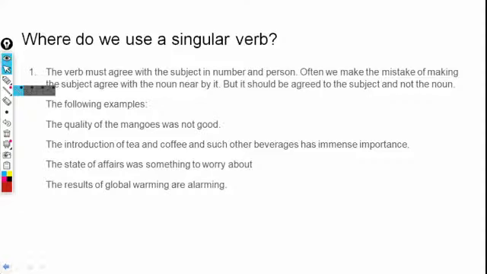So the verb in the sentence has to agree with, or has to be at par with, the subject of the sentence. Okay. How to know the subject of a sentence now?